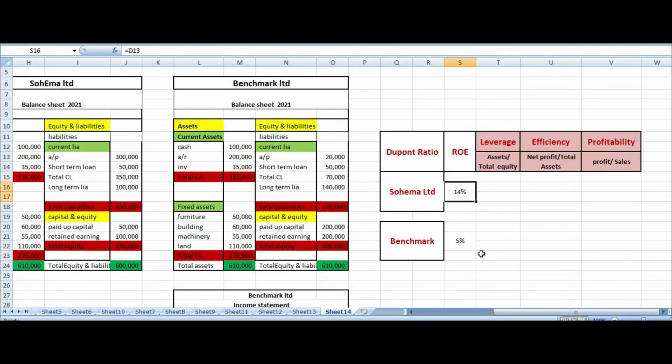Why has Soima Limited performed better than benchmark? So this is our objective right now, and the DuPont framework will let us know what the problem with benchmark is, why its return on equity is less than the ROE of Soima Limited.